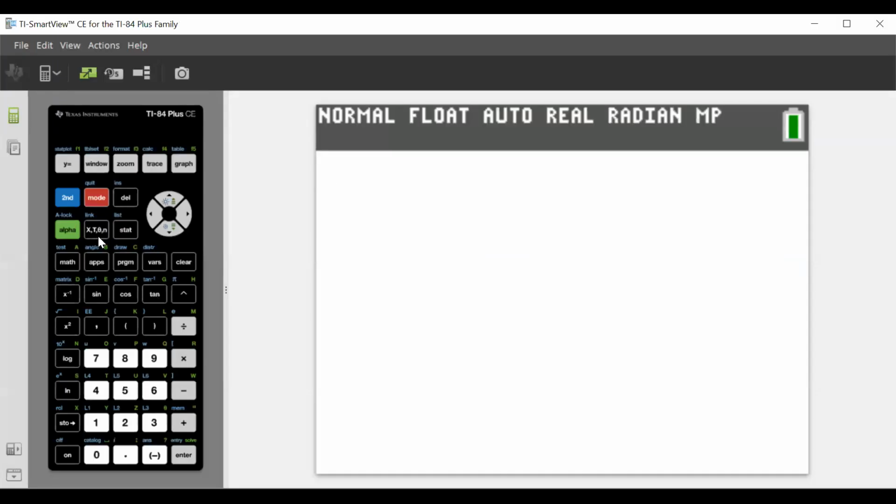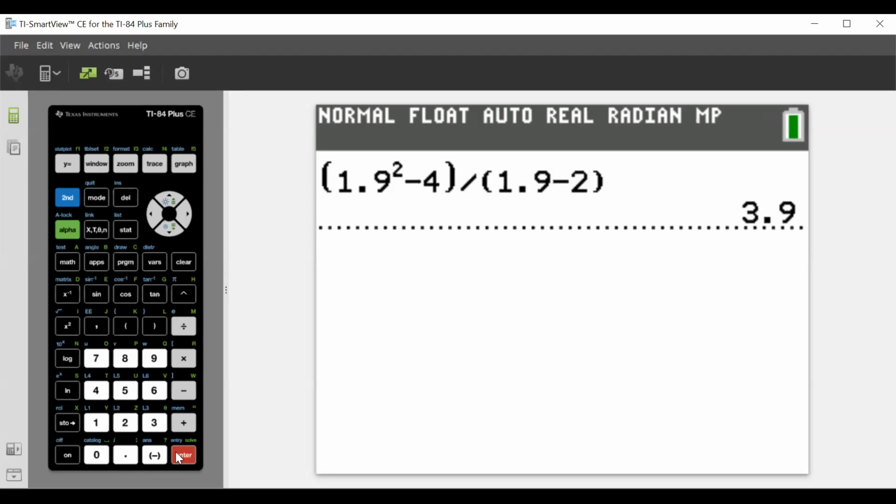And so now we're going to take the quantity, and we'll start with the 1.9, and we're going to square that, and then minus the 4, and then divide by the quantity 1.9 minus the 2. And so our first one will be 3.9.